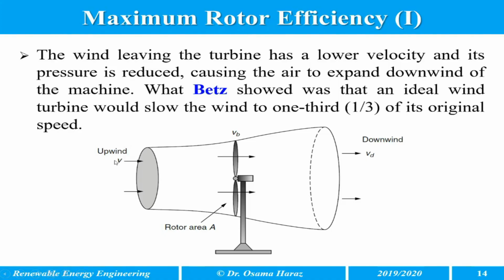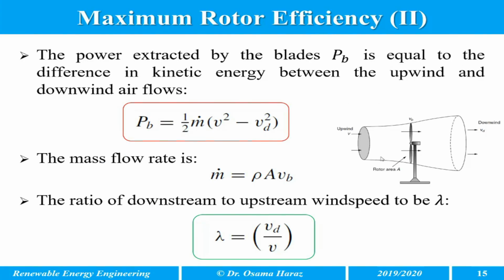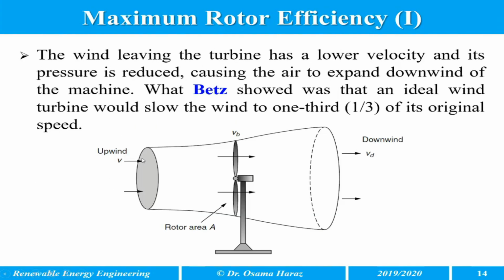This is the upwind V, and this is the wind at the turbine itself Vb, with the rotor area A, and the downwind after the wind turbine will have the velocity Vd. So now we have three different velocities, V, Vb, Vd.